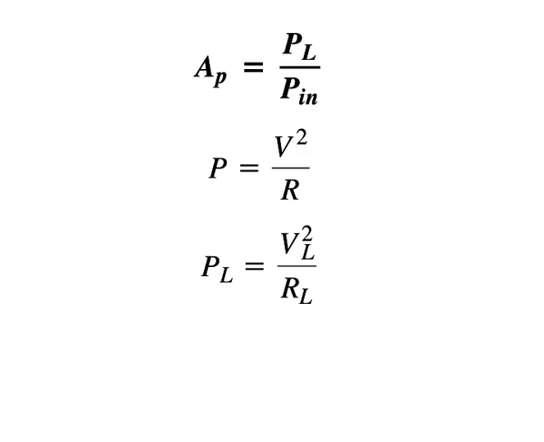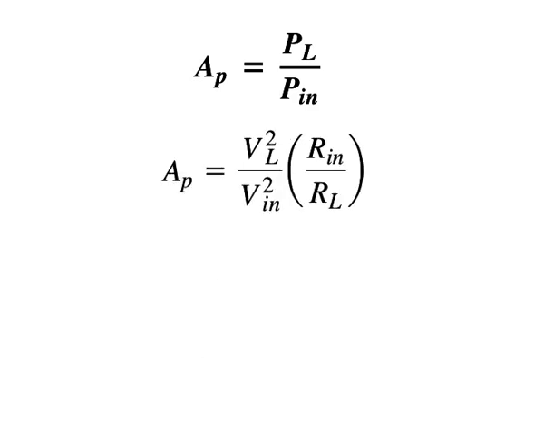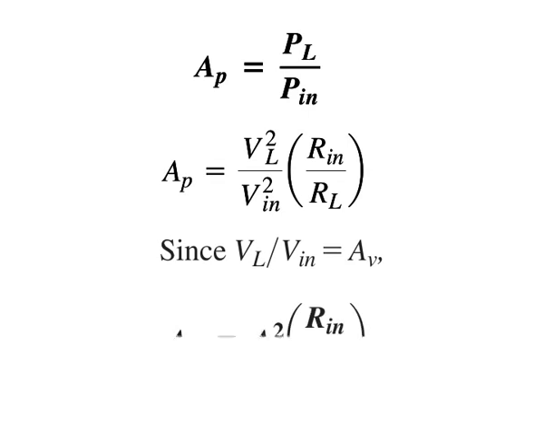The input power delivered to the amplifier is Pin is equal to Vin squared over Rin. By substituting the values of PL and Pin in the power gain equation, we get AP is equal to VL squared over Vin squared times Rin over RL. Since VL over Vin is equal to AV, AP is equal to AV squared times Rin over RL.